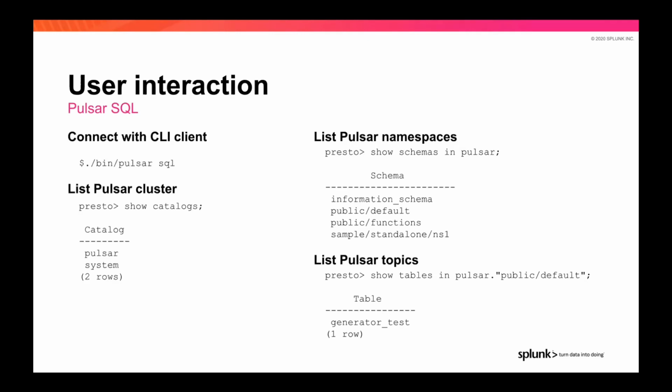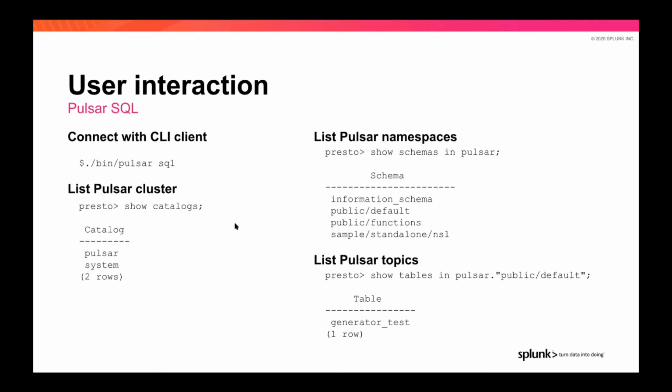And how we mapped Pulsar terms into Presto terms is, a schema is mapped to the idea of a namespace. So when you do show schemas in Pulsar, you should get all of the namespaces that are available to you. The first one, information schema, is always going to be there and provides some basic information about your cluster, and you can feel free to look in there, and it'll give you information like the URL of the cluster and so forth.